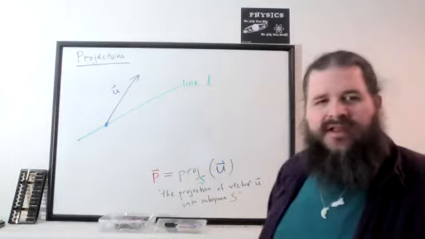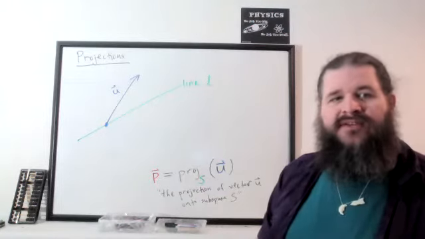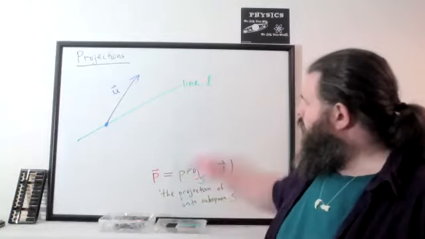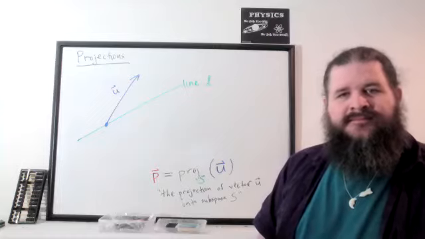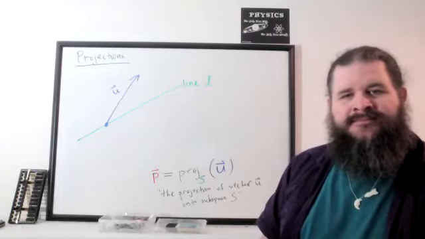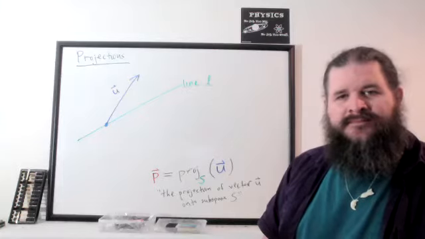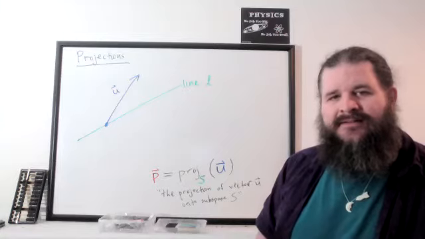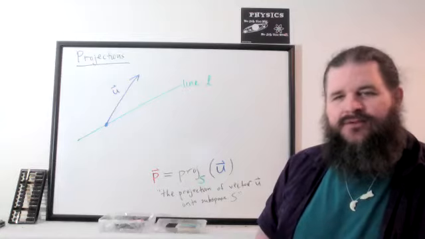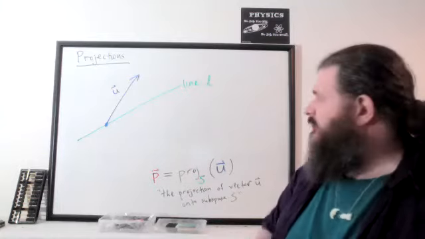And of course, line L can be defined based on a basis vector. Any subspace can be defined based on a basis. For a line, how many vectors would be in the basis? How many vectors are needed in order to span a line? Yeah, just one. A line is one-dimensional, and we say it's one-dimensional because we only need one vector to span it.